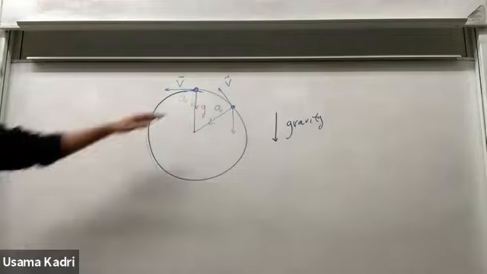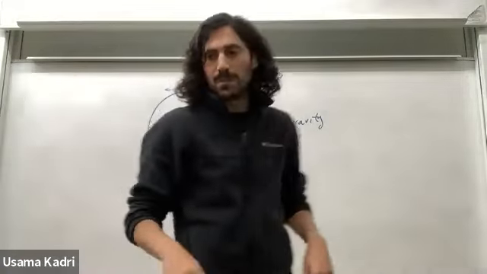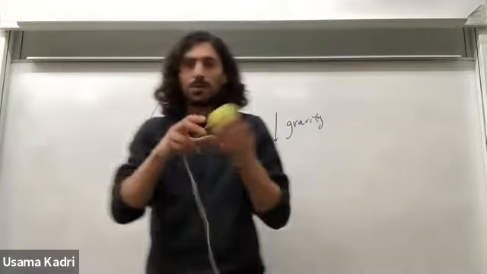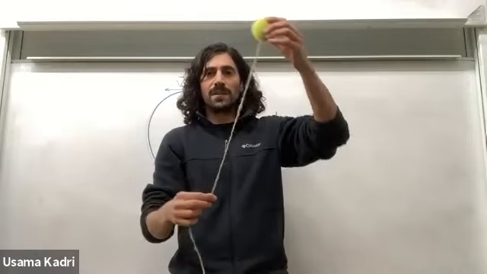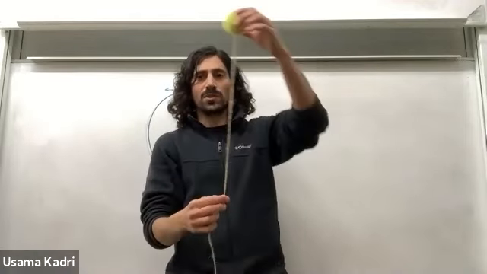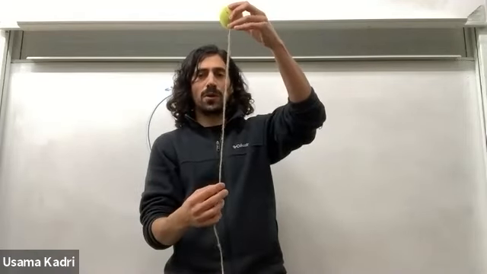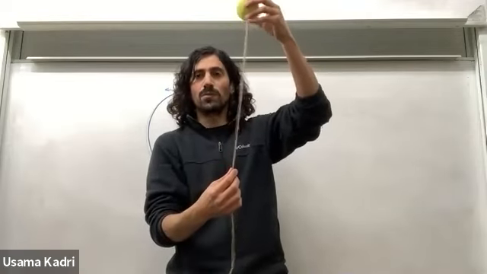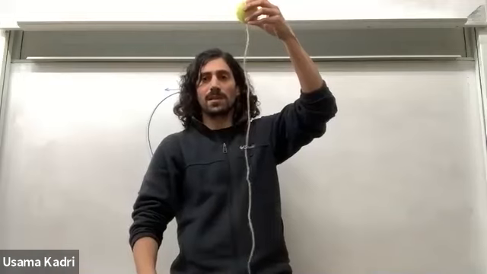If the centripetal acceleration is exactly equal to the gravity in terms of the magnitude, it means to have this object actually make that circular motion, I don't need to apply any centripetal pull, really, right? There would be no pull at all because gravity is taking care of that already.